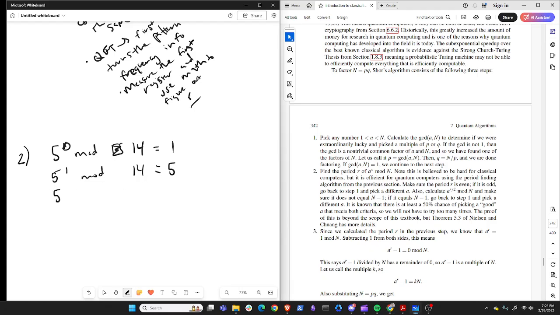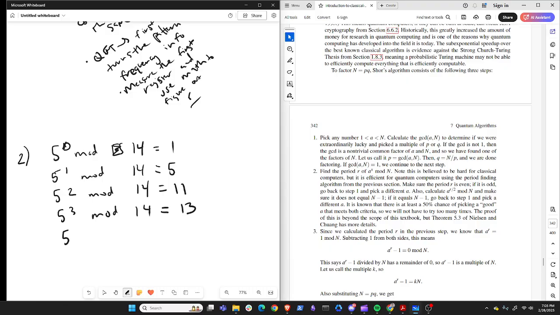We look at 5 squared modulus 14, which should give us, let's say, 11. We look at 5 cubed modulus 14, which equals 125 mod 14, which gives us 13.